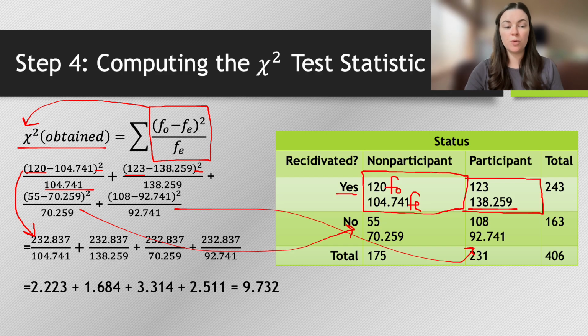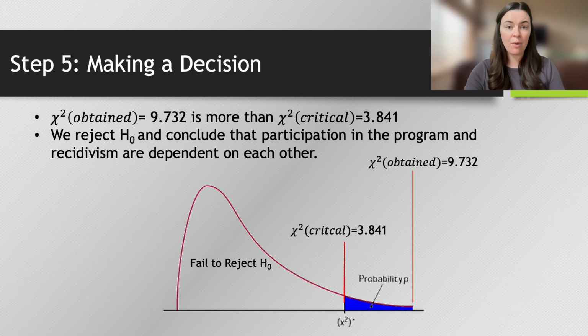Ultimately, when you work through the math, you should receive each of these values here below for each respective cell. But keep in mind, we have to add all of these together. Sigma tells us to sum or to add them to ultimately get a chi-square obtained value of 9.732.